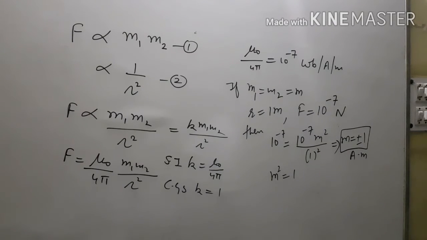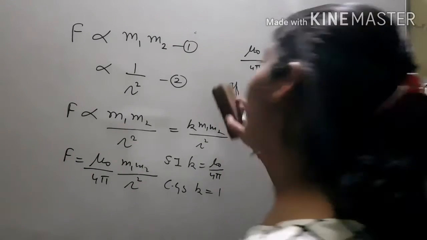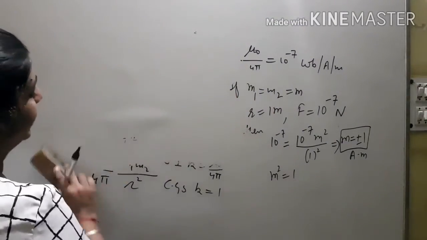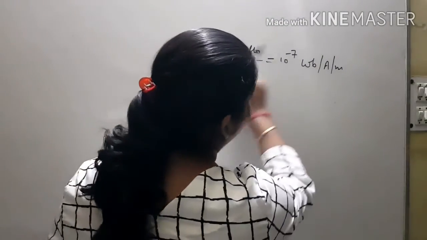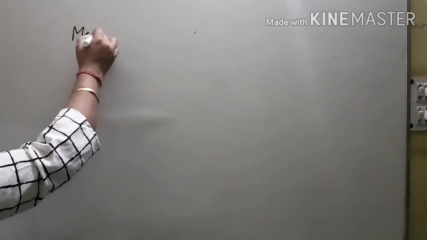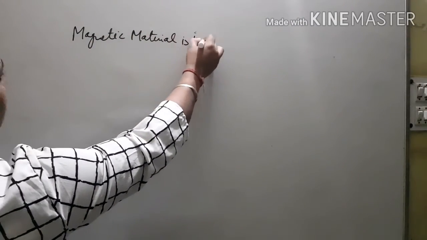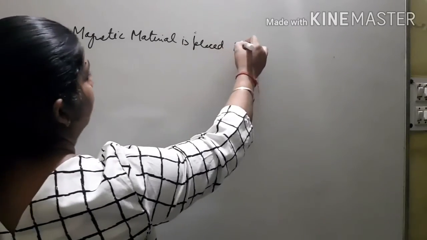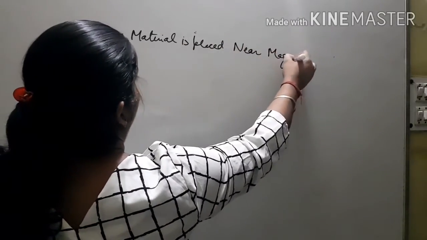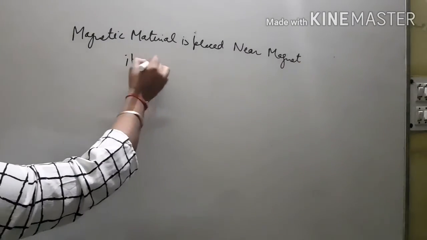Now the next property is that if magnetic material is placed near a magnet, then it attains magnetism.